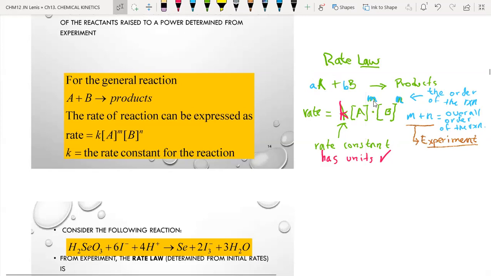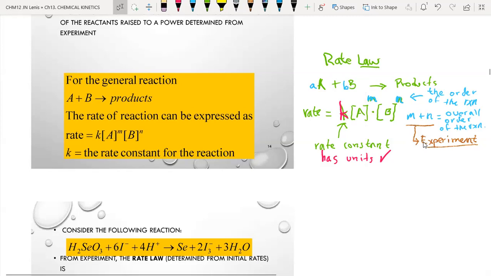And notice that the orders of this reaction with respect to A and B have nothing to do with the stoichiometric coefficients. So you cannot assume that the exponent here comes from here. No. Those are the stoichiometric coefficients used to balance the chemical equation, and these two numbers were found through the actual experiment.